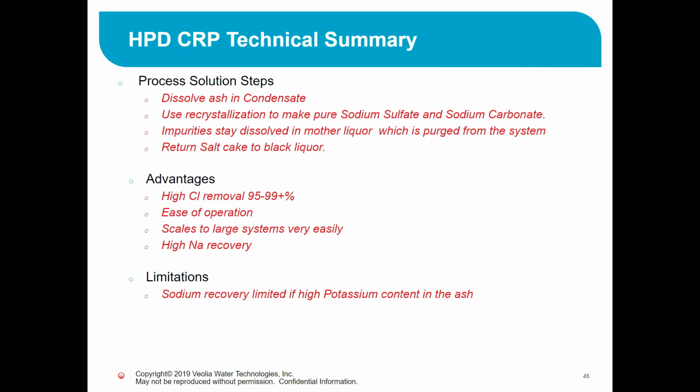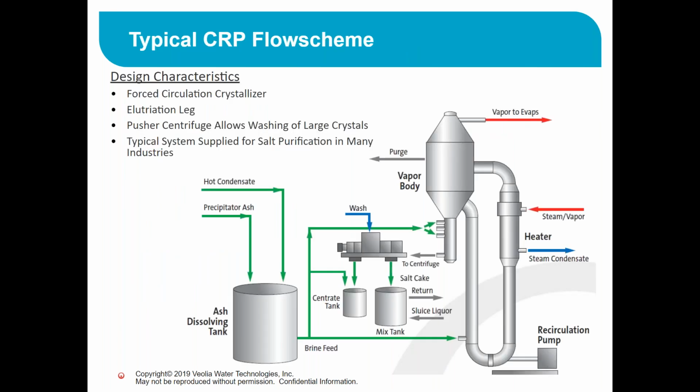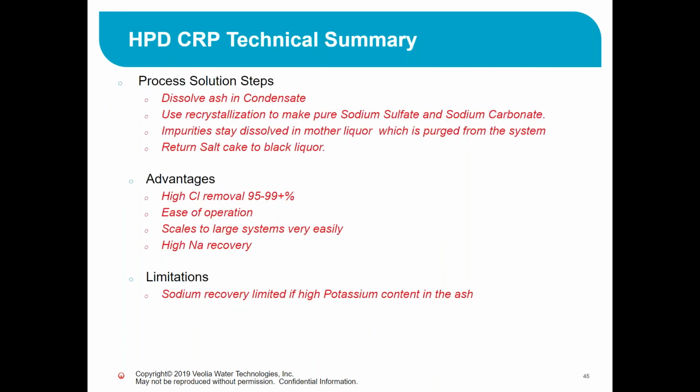It scales up to larger systems. It's actually more difficult to operate a 2-ton-an-hour system than it is to operate a 20-ton-an-hour system. These bigger systems run very well. And you get very high sodium recovery with these because we get the good washing on it. And the one limitation with this is normally if you have high potassium, that hits us first, and we end up having to purge on potassium.